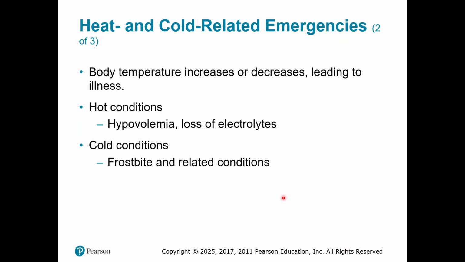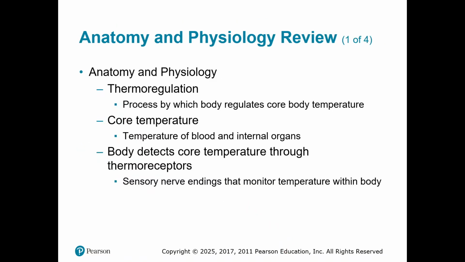When you start getting into those extreme conditions, whether it's hot or cold, the brain starts dysfunctioning, just like any organ under stress. So body temperatures increase or decrease, leading to illness. In a couple of those hot conditions, we would expect hypovolemia and loss of electrolytes. And in the cold conditions, we would consider frostbite and other related conditions from cold weather.